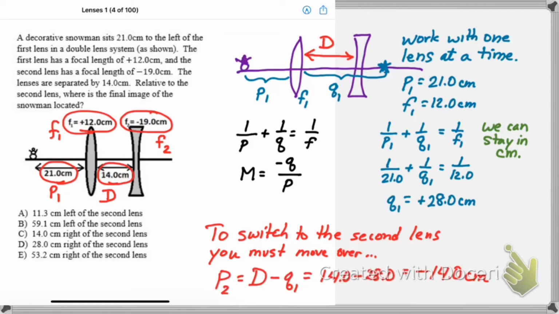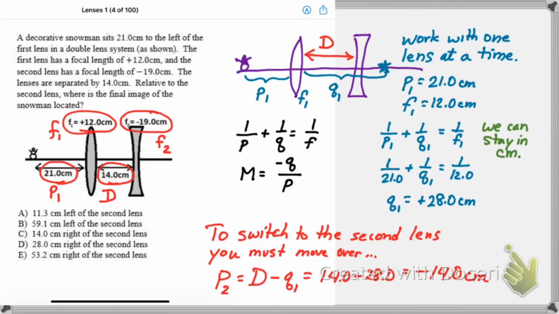We actually have to subtract Q1 from D, from 14 centimeters, to get P2. P2 is the object distance for lens 2. Notice when you subtract these, you get a negative number. So I have a negative object location. What does that mean? What kind of craziness is that? It just means your object is to the right of the lens, which we can tell from the picture.